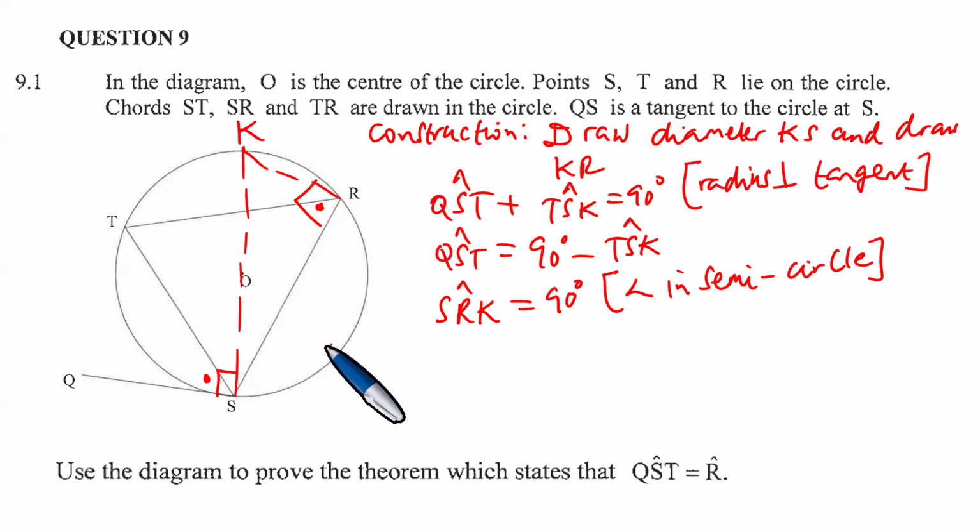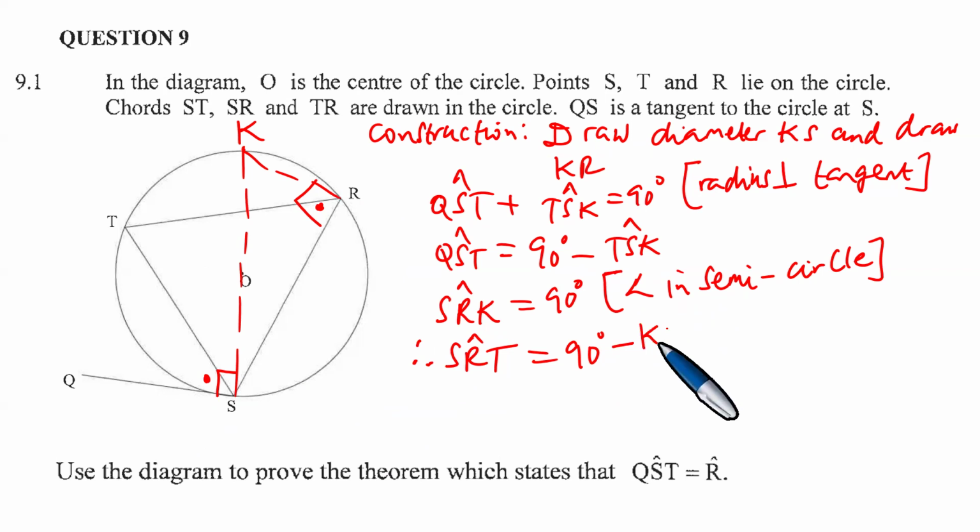Right. So if that is the case, then what do we do? We continue to engage with this, and we continue to realize that therefore, let's look at the angle SRT. The angle SRT, which is the angle we want, is equal to 90 degrees minus KRT.